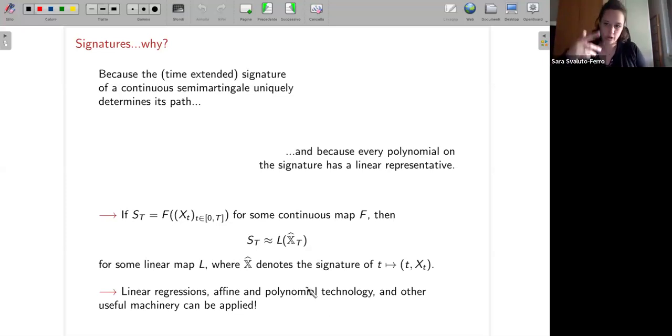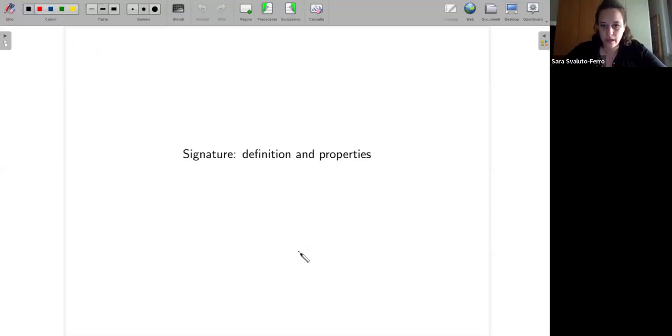On the contrary, if as a condition you ask something to be polynomial, this is in particular satisfied if this object is linear. So all the nice representations that we get from this world can still be applied for the signature, and also many other things that we will see tonight. This is from a very high perspective.